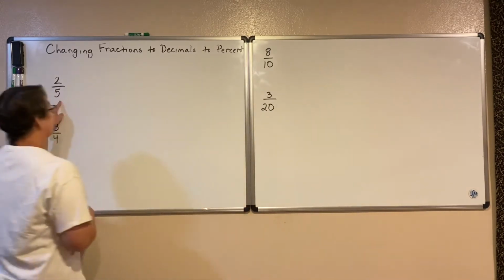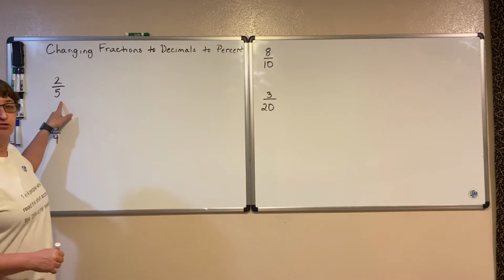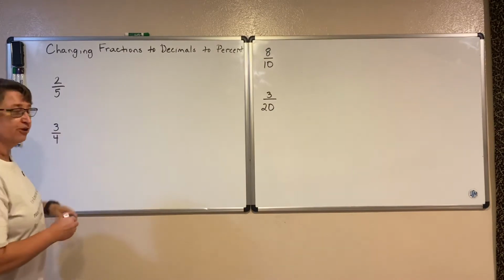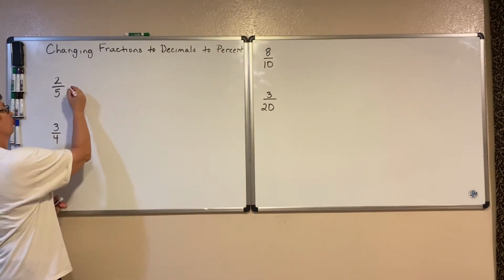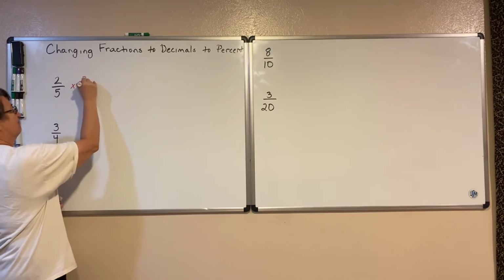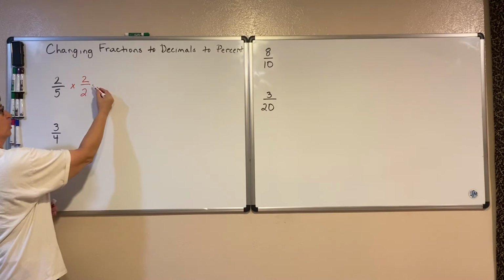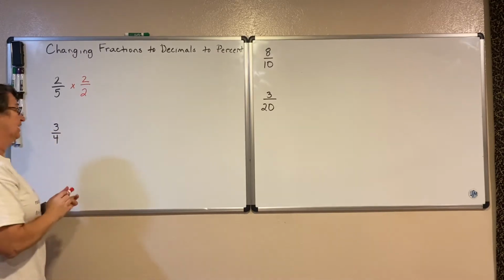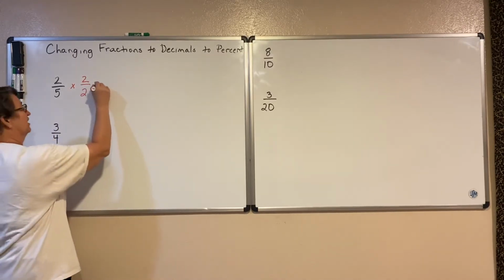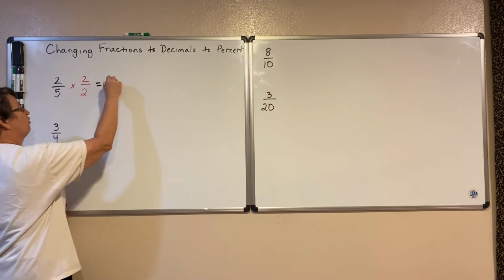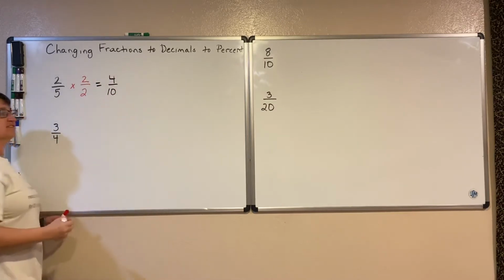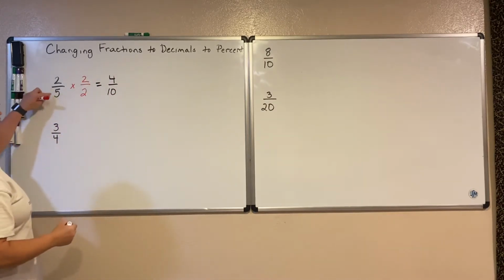In order to write it as a decimal, we would like the denominator to be 10 or 100 or 1,000. So I'm just going to multiply this by a fancy 1. If I multiply it by 2 over 2, that's just 1, so it doesn't change my fraction any. And this is going to be an equivalent fraction. 4/10 is the same thing as 2/5.